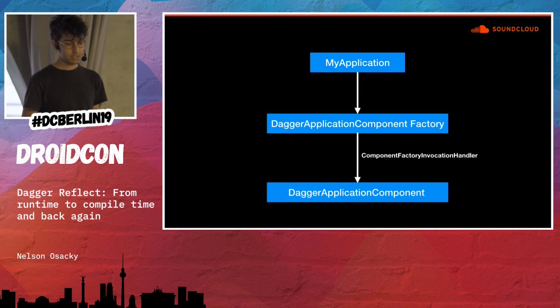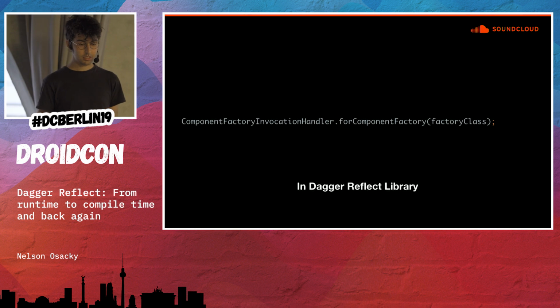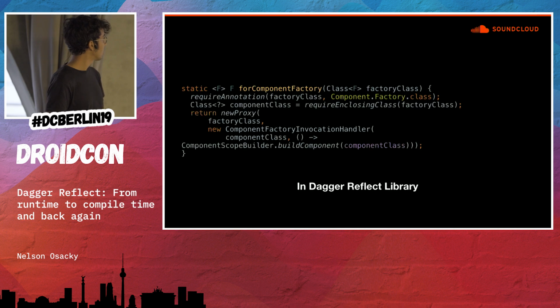And then the component factory invocation handler that we saw earlier is that invocation handler. And this is just a method in the Dagger Reflect library, and it works a little bit like this.